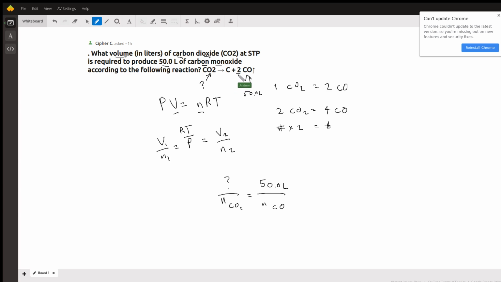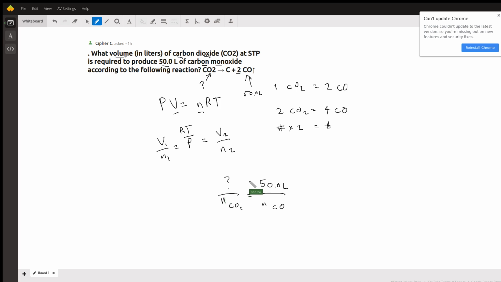That 2 is saying that there's going to be twice as much of this as there is of that. So there's going to be 2 carbon monoxides for every carbon dioxide. You could look at this as number of molecules, like there's 4 of these for every 2 of those. Or in general, you could say there's going to be twice as much carbon monoxide as there is carbon dioxide.